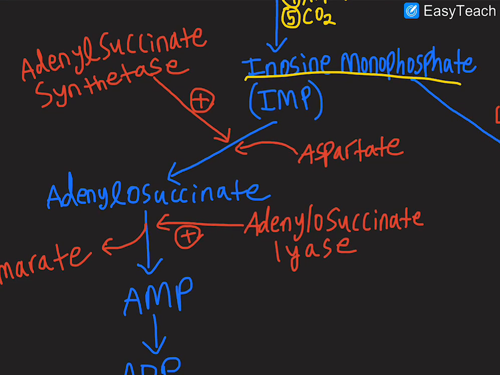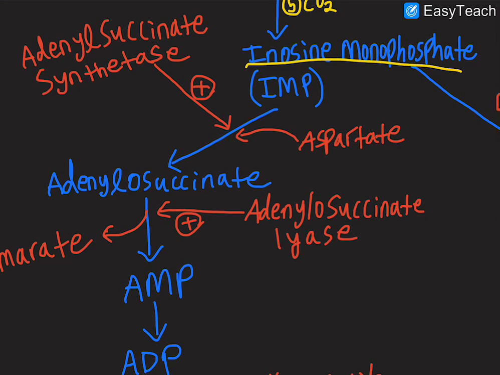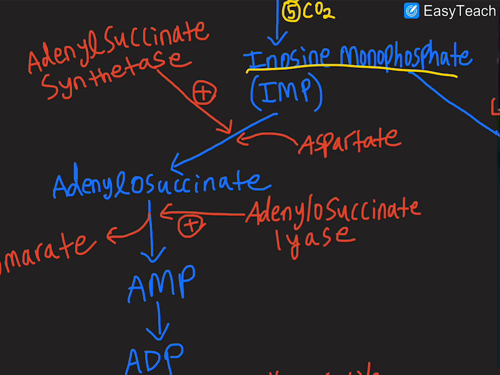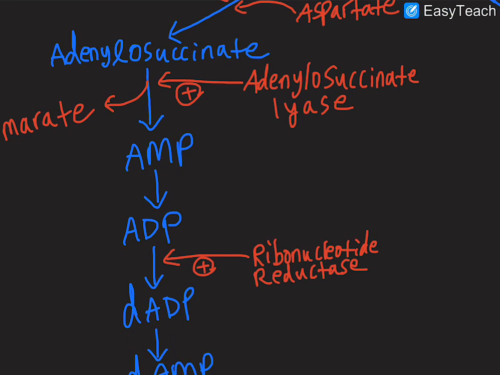Now that we have adenylosuccinate, we convert it to AMP with the help of adenylosuccinate lyase. Then from AMP, we can make ADP, adenosine diphosphate, if we just add a phosphate to AMP.